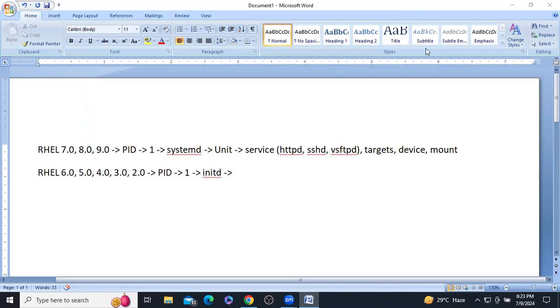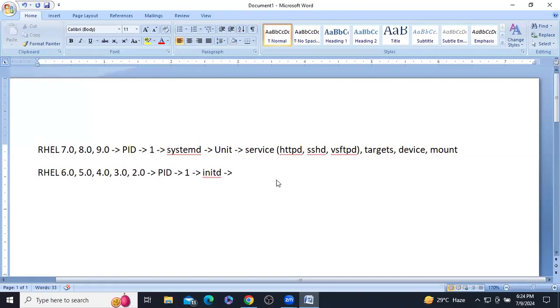So let's see, guys. systemd stands for system daemon. initd stands for initialization daemon, right? initd had a few drawbacks, and they overcame those drawbacks. They introduced a few new features from systemd onwards. A new operating system always has new features compared to the old one. Got it, guys? What is the difference between initd and systemd?